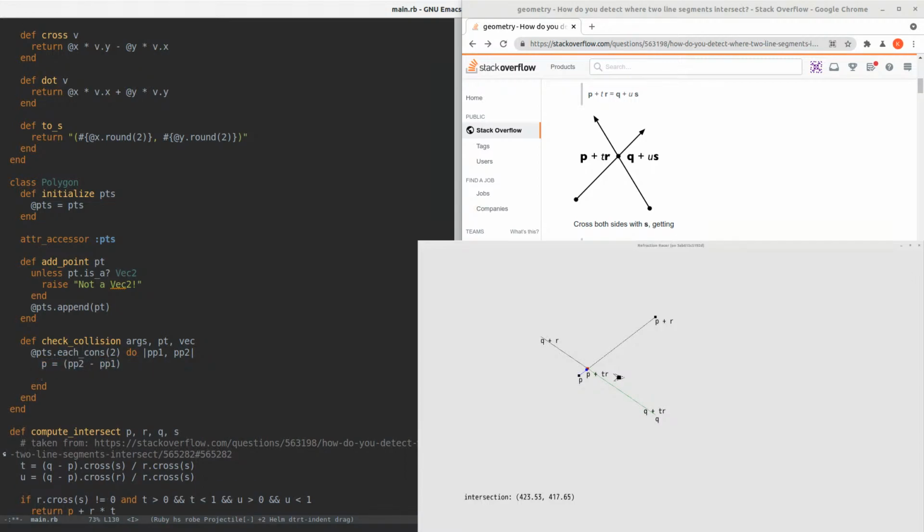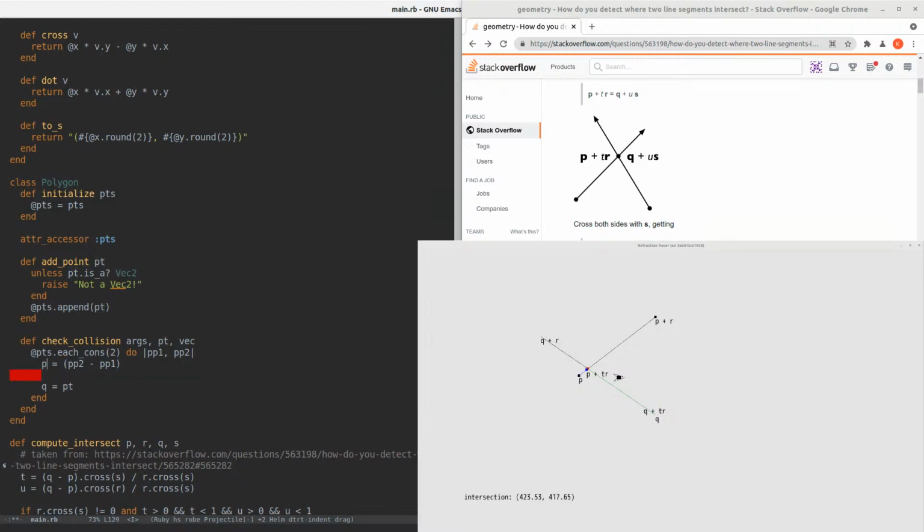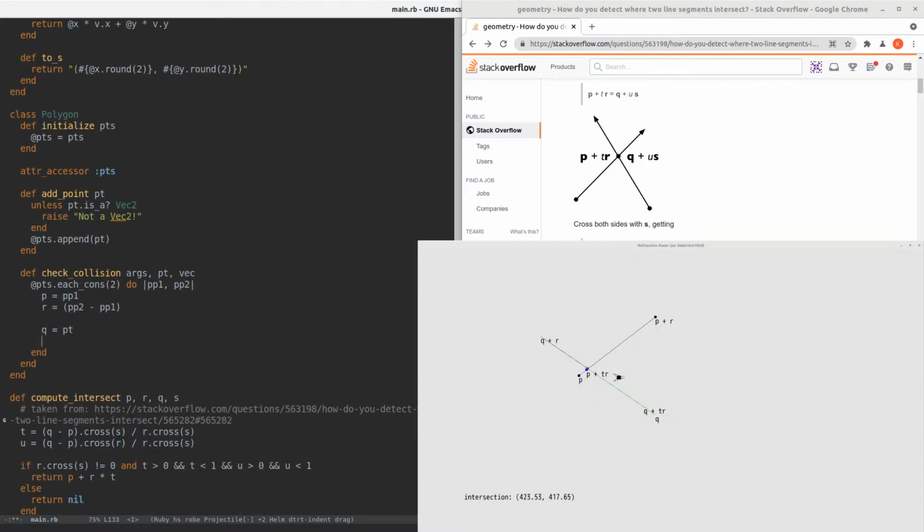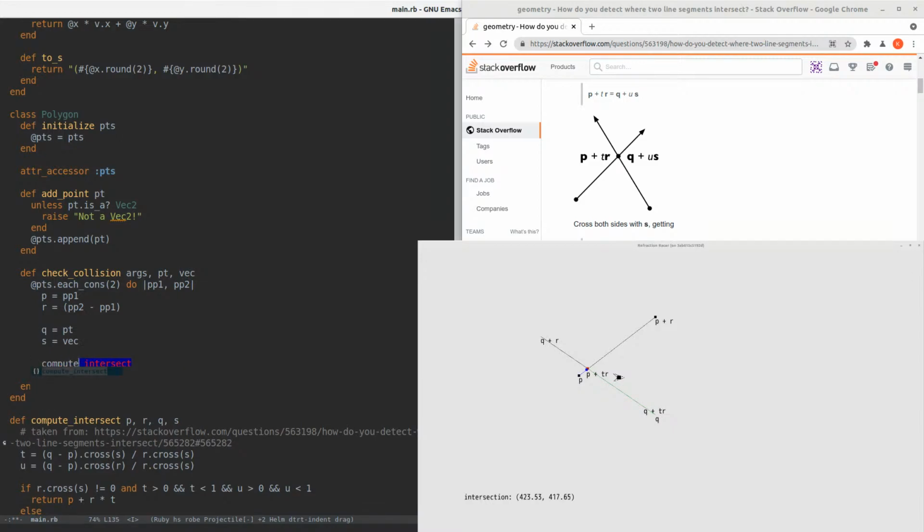Equals that. Our q is our point. Or no, I'm sorry, this is our r. P equals p1. I'm just writing this out explicitly more to be consistent with the Stack Overflow post than anything. We'll just set this equal to a vec. Then we can compute intersect, and then I think what we need is, yeah.